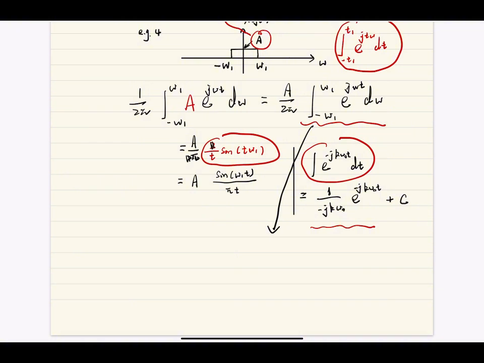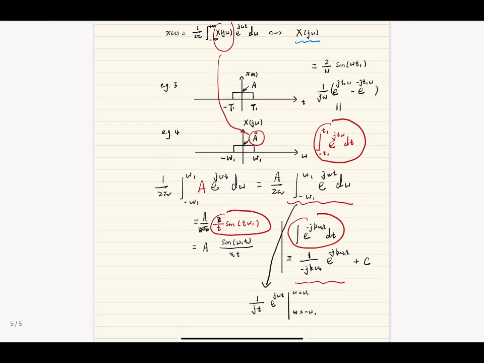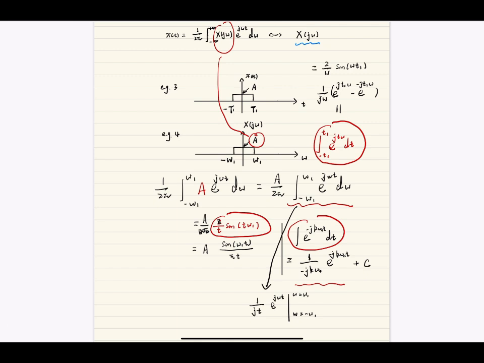Because omega is what we integrate with, we divide by jt and place the original function e to the j omega t. We plug in the lower limit and the upper limit, omega equal to omega 1 and omega equal to minus omega 1, and plug in 2. If you try it by yourself, you will get exactly the same result as this one.